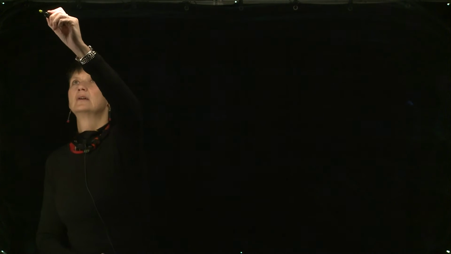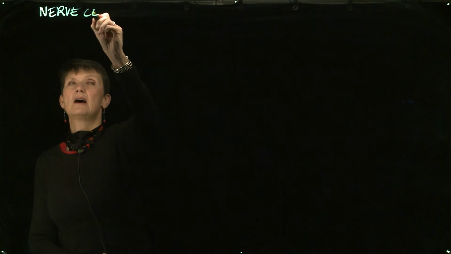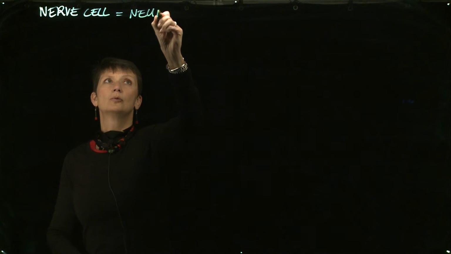So the cells that are part of the nervous system that are excitable, just like muscle cells, are called nerve cells. Or more often than not, you will hear them being referred to as neurons.